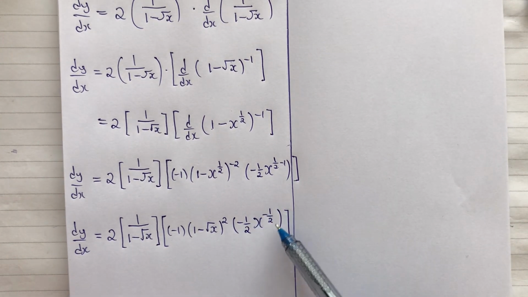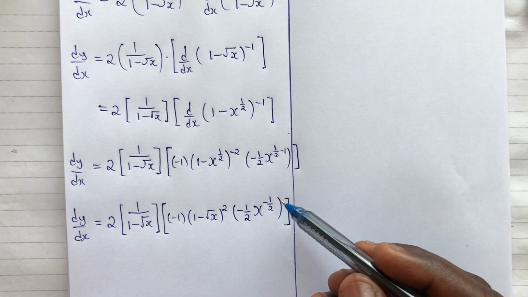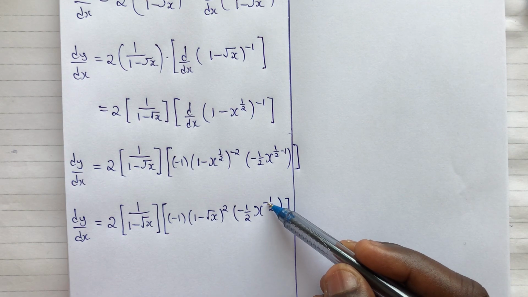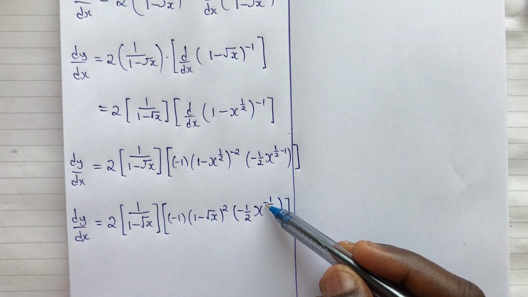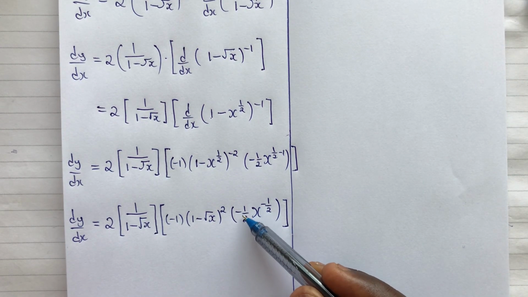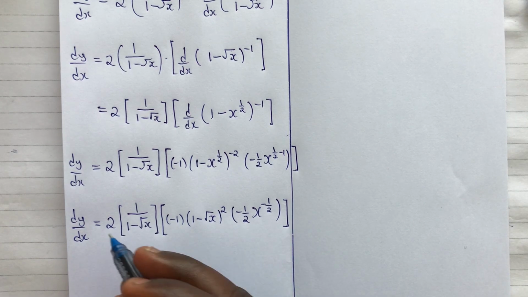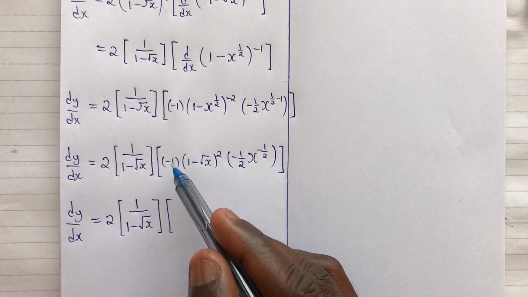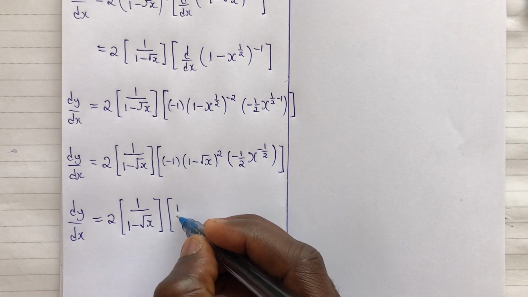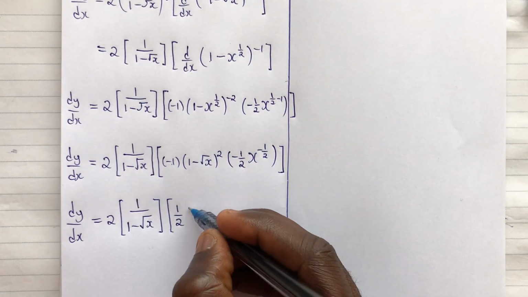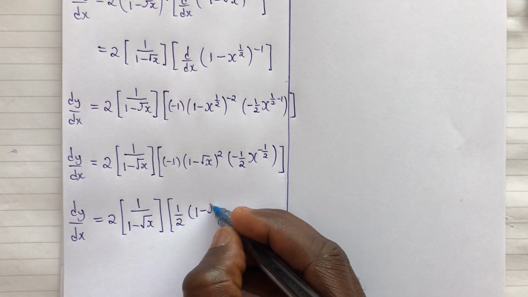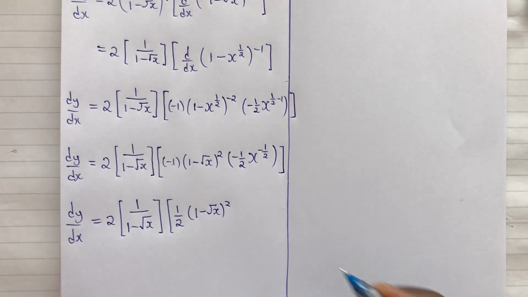Now let's simplify what we have in this bracket. So first, I will change this to a fraction so that I can eliminate this negative. Okay, and we will use this negative 1 over 2 to multiply this negative 1. Now watch. This time this is giving us 1 over 2. Then our bracket 1 minus root of x all squared.